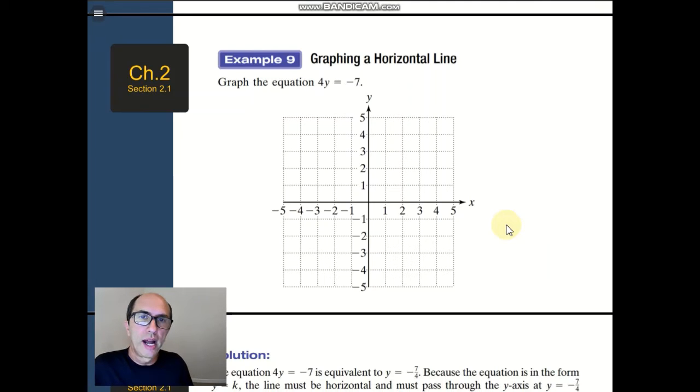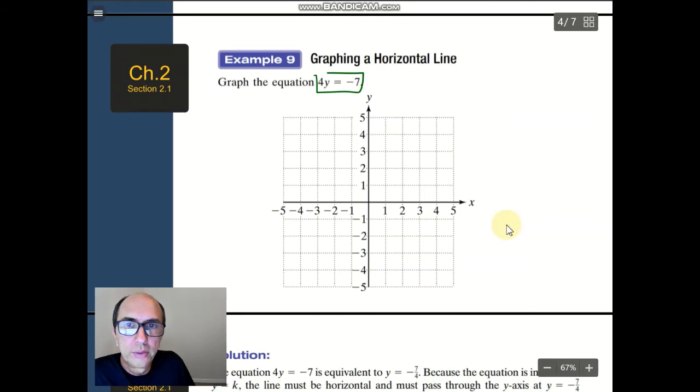Another example, now we're going to have a horizontal line, and we graph the equation 4y equals negative 7. This is going to be the equation 4y equals negative 7. But to be able to graph the horizontal line, we need to have an equation looking like that, right? y equals k, and k is a number.